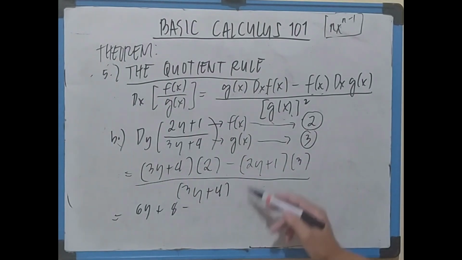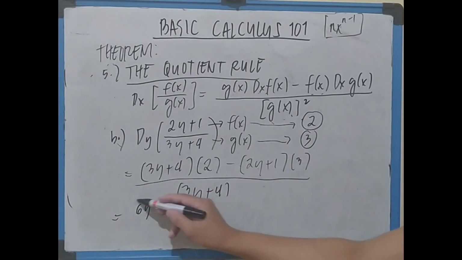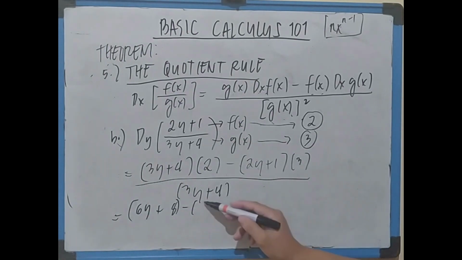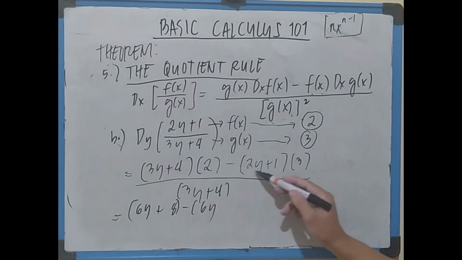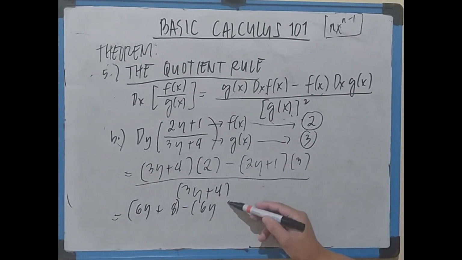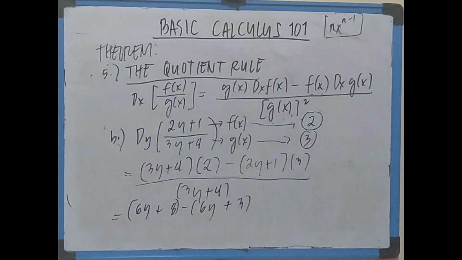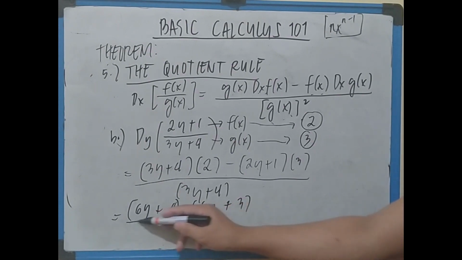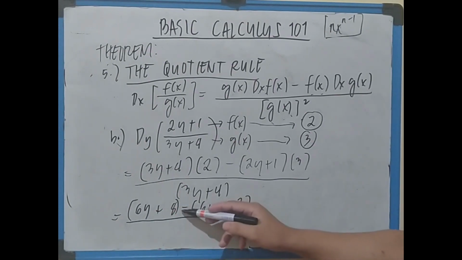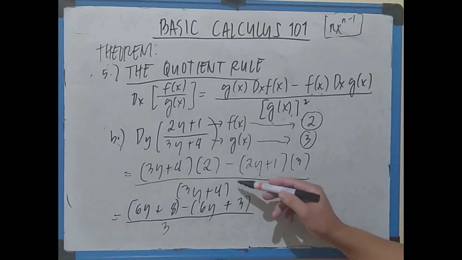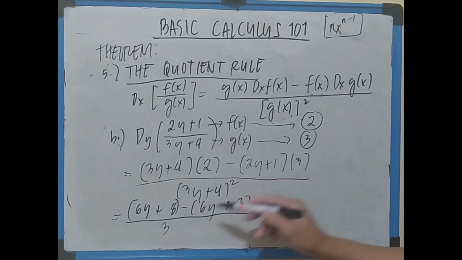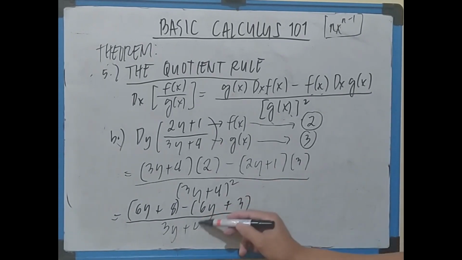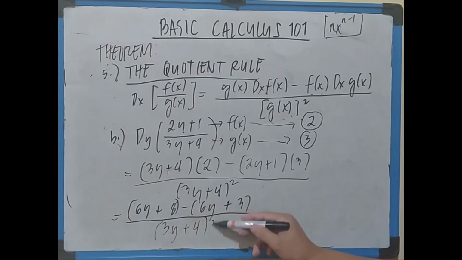We have minus 2y times 3 is also 6y here, and 1 times 3 will be 3. But then, meron tayong tawag dito, guys, operation minus sign. Oops, I forgot, this is square. So 3y plus 4 and we have square.